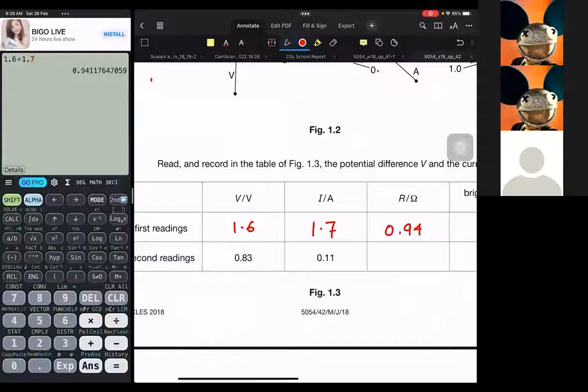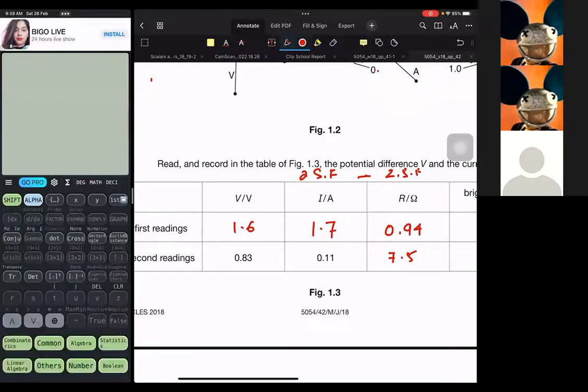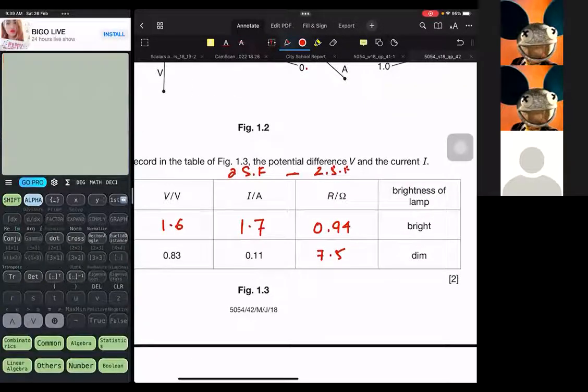Make sure that, because here we have two significant figures, you write at least two significant figures. You can increase to 3, but don't write so many numbers. Then 0.83 divided by 0.11. This is what? Okay, 7.5. Let me check why. All right, never mind. Okay, so we got this, and then let's move ahead.